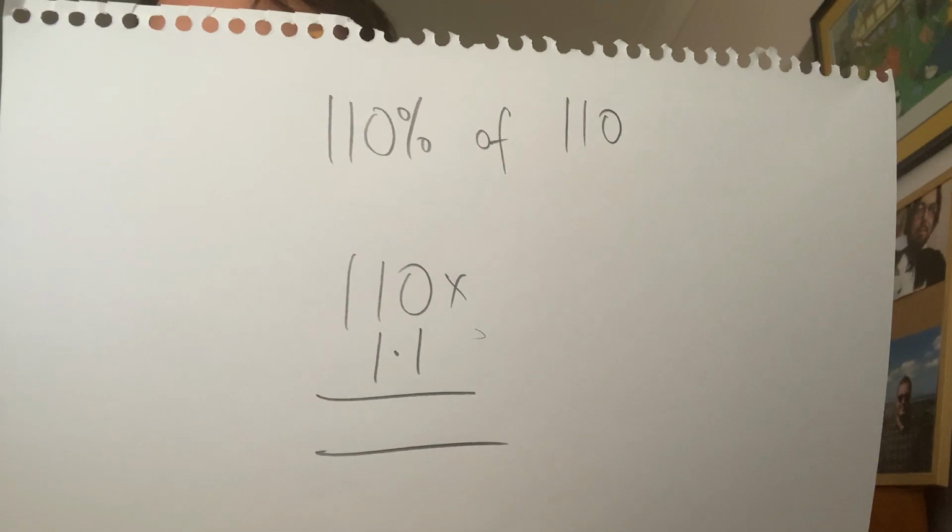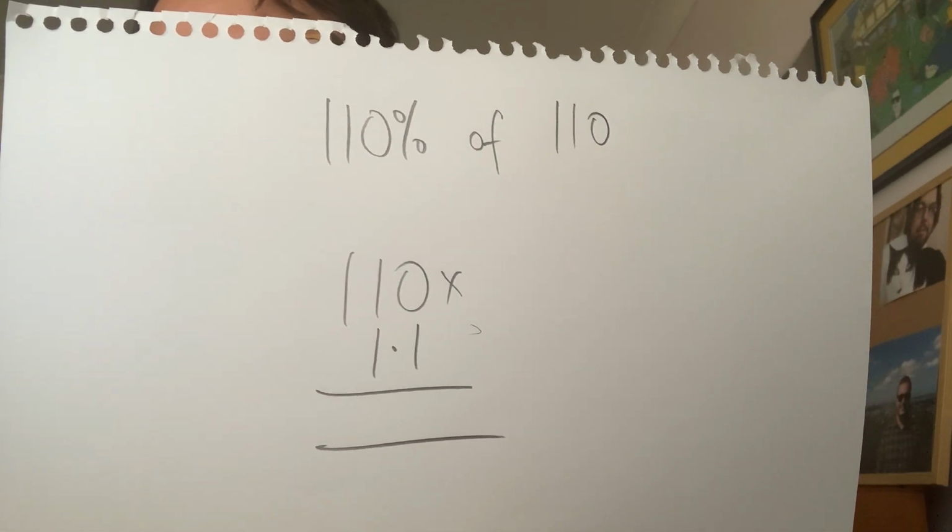If we want to work that out without a calculator, well, there's different ways of doing that. Now, we know that 110% is 1.1. So what you can do is a multiplication like that, 110 times 1.1. Another way of thinking about it is, well, okay, 100% of a number is that number.